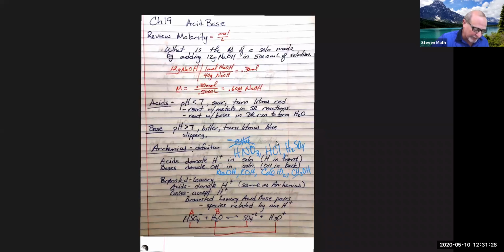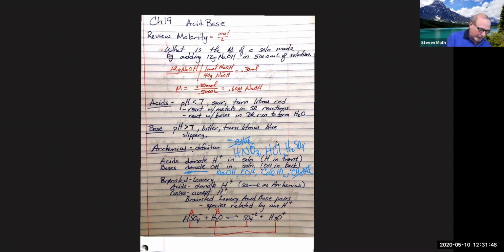Those are not really considered basic because they don't have the ability to donate that hydroxide. Because carbon is molecular and has a much lower electronegativity, it's going to share that hydroxide and hang on to it even tighter. So it's not going to be a good base.